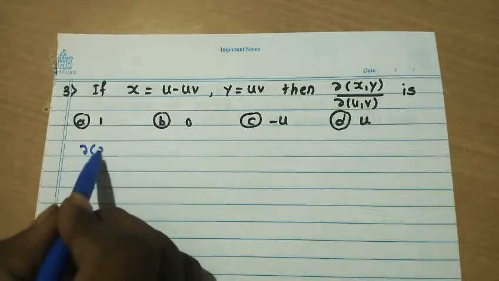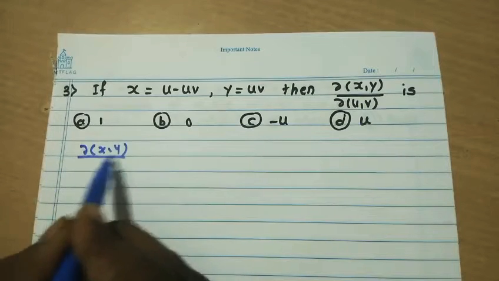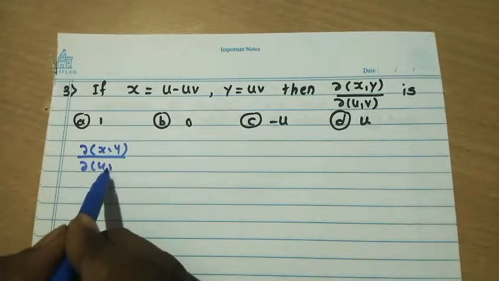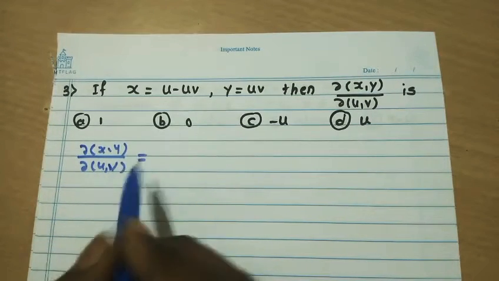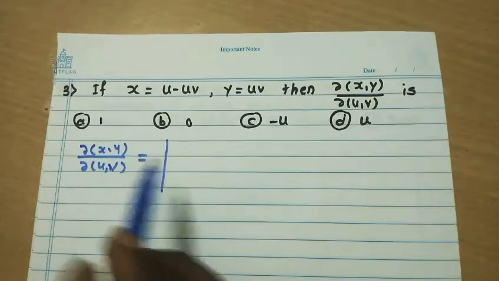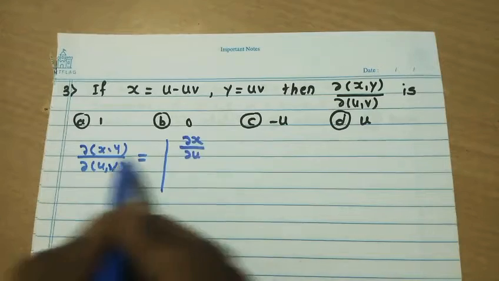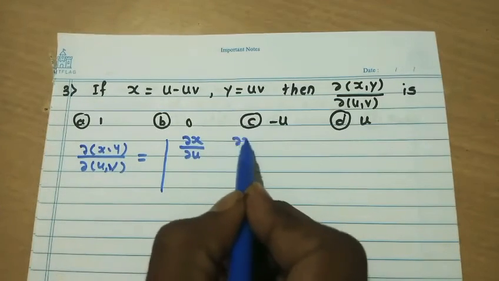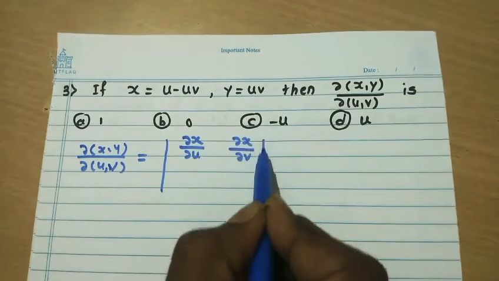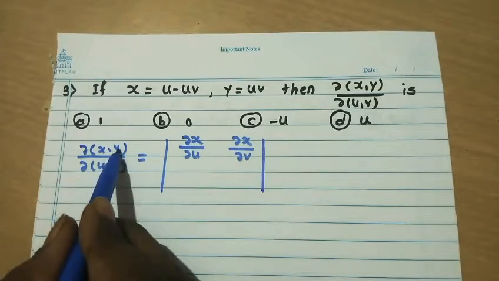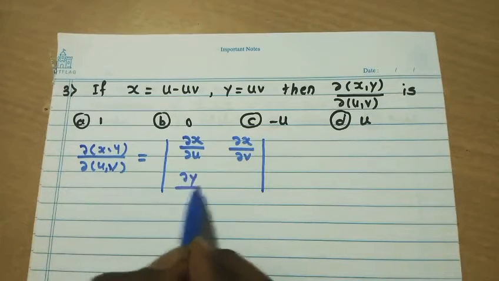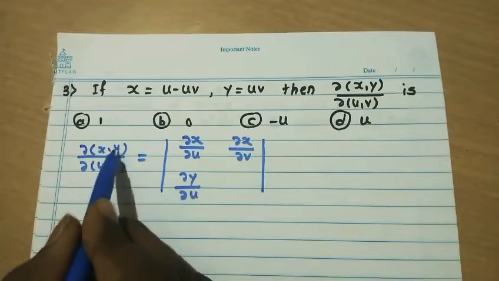So del of x comma y by del of u comma v is equal to the determinant del x by del u, del x by del v, del y by del u, del y by del v.